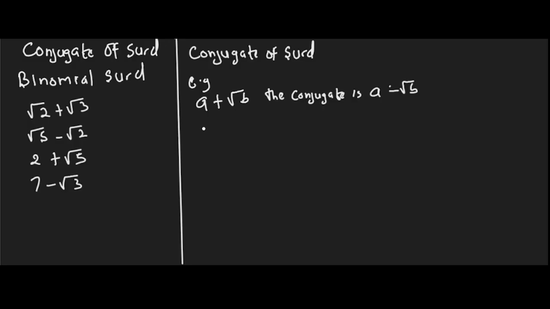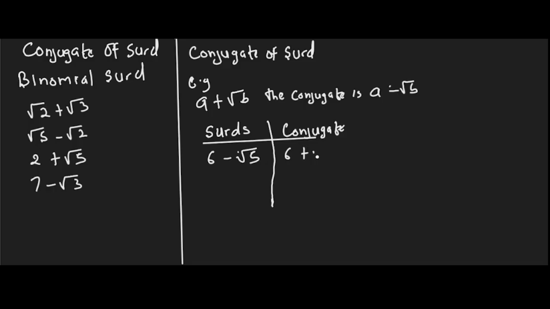Let's take some examples. Here you have the surd and conjugate. We have 6 minus root 5. The conjugate of this is going to be 6 plus root 5.